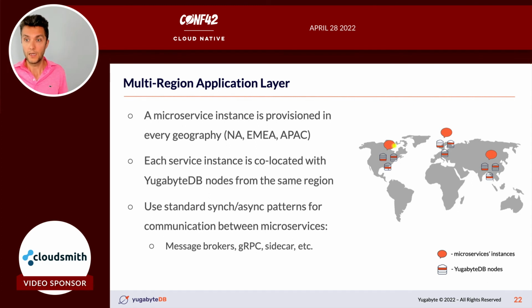For instance, if my YugabyteDB nodes are deployed in the London data center, cloud region, then I want the instances of the messaging and reminders microservices to be located in the same region. Why is that? The latency, the performance.